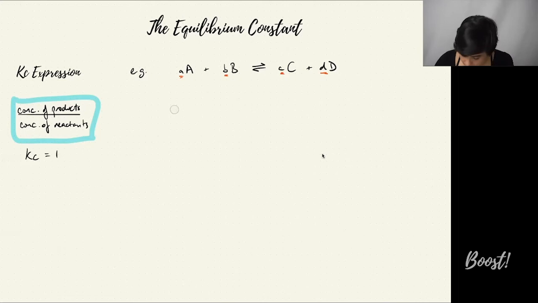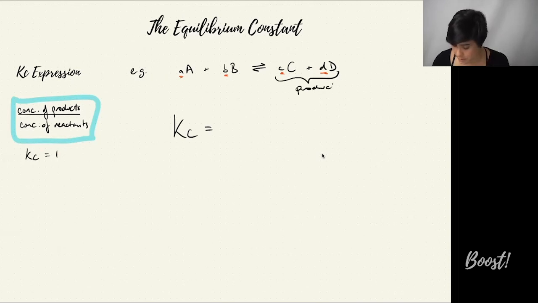So the Kc expression always depends on the chemical equation, and because we're looking at the concentration of the products, which is obviously this side here, we use square brackets to denote concentration of.